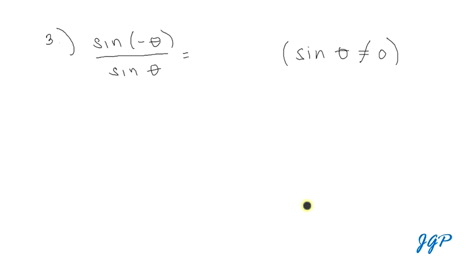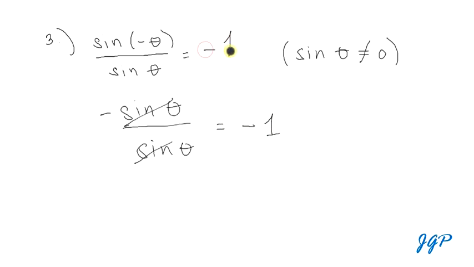So, if we're going to change the value of our numerator by negative sine theta over sine theta. So, sine theta divided by sine theta is equal to 1. And we have a negative sign, therefore, our answer is -1. So, our answer here is -1.